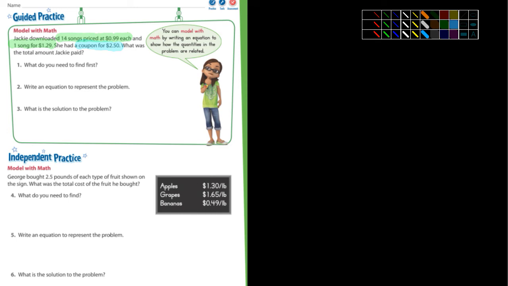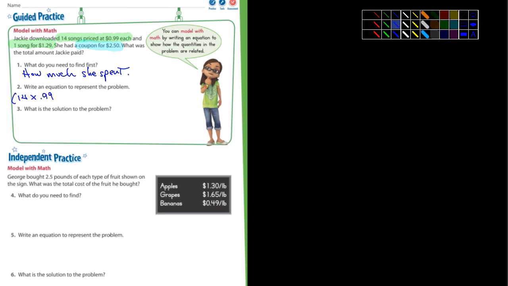All right. So what do you need to find first? How much she spent. And then it says write an equation to represent the problem. All right, so it's going to be 14 times 0.99.